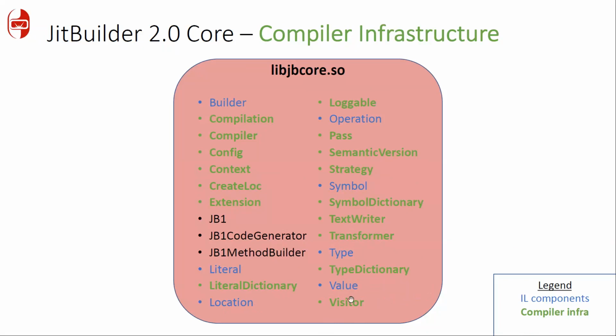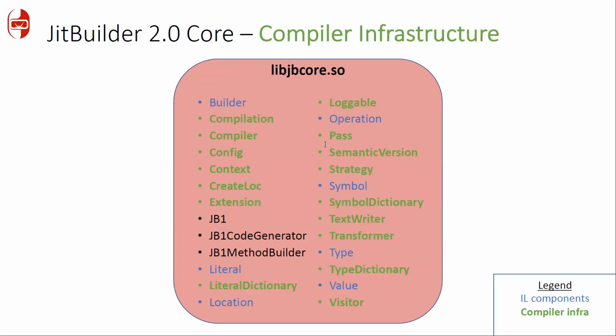Then baseline transformation things like visitor and transformer patterns for writing things that change the IL or for processing the IL. Compilation, strategy, and pass are things for assembling a sequence of analyses or optimizations to be performed on the IL.